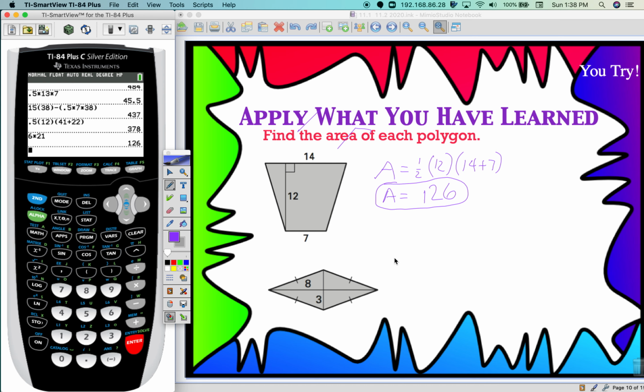And this shape is a rhombus. Both diagonals in that shape are being bisected, remember, so one diagonal is 16. The other one is 6. That's going to end up being, what is that, 48?